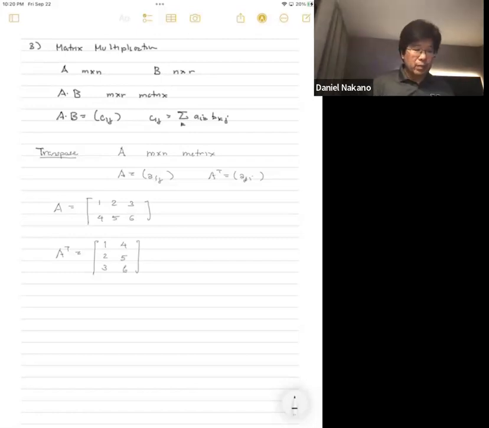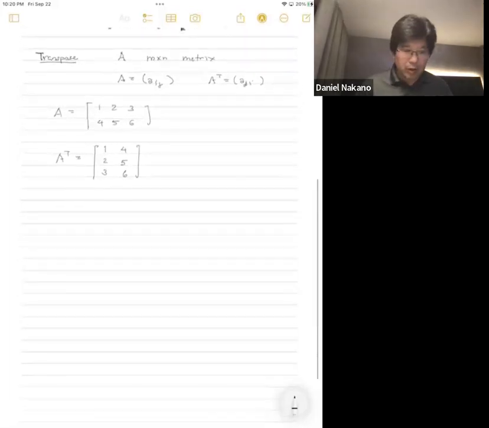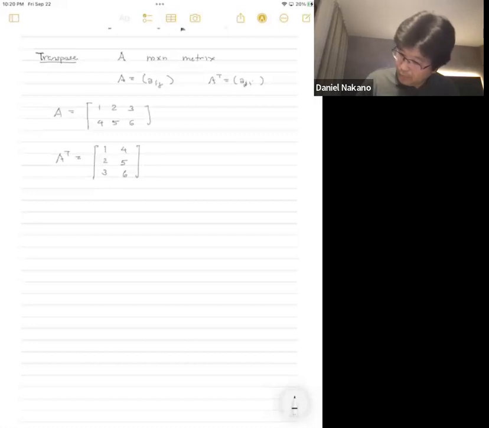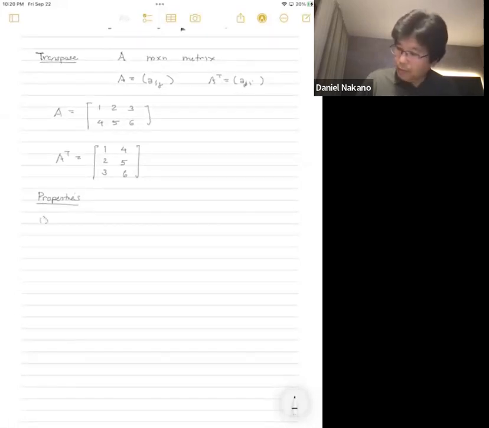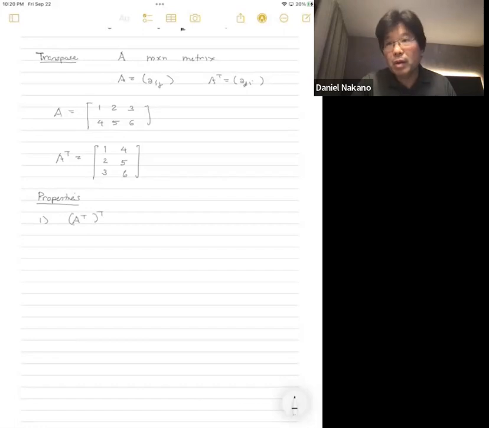Now with transposes, we have certain properties, and let me review some of them. The first property is that if I take A transpose and transpose it again, it's pretty clear that you get A back again.